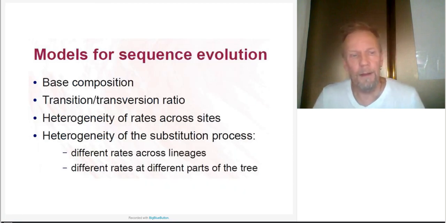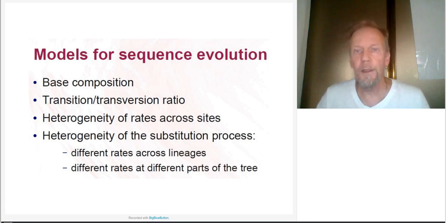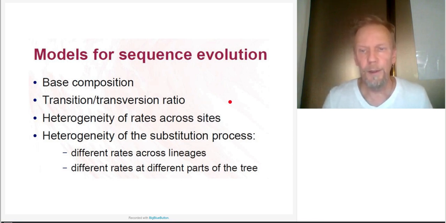Now, I'll try to do a quick introduction to the models of sequence evolution. The models have to account for many things. For instance, the base composition in the organism, whether we assume that all the bases are present at 25% frequencies or different from that. Then we know that in real biology, not all mutations happen with equal rates.